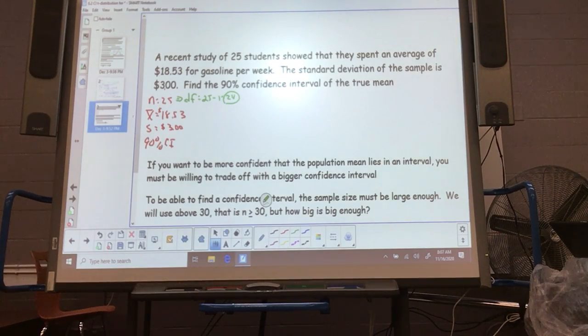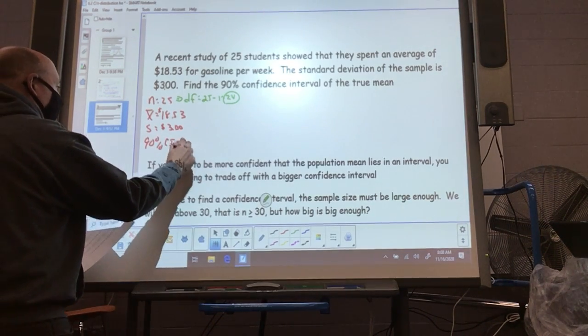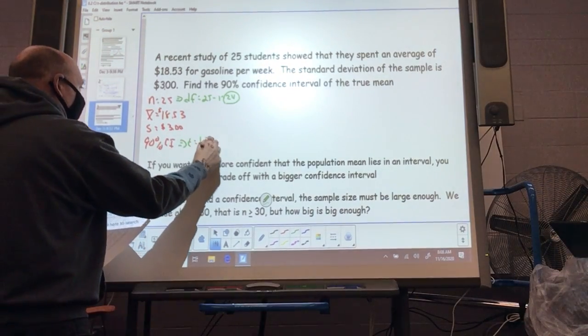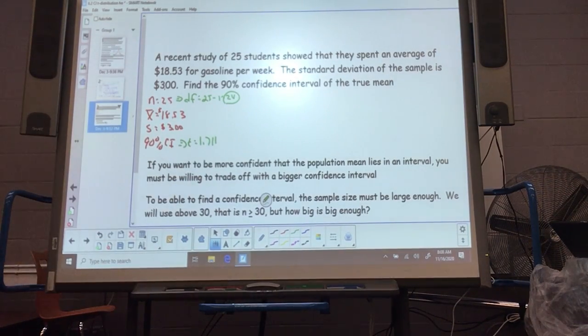All right, what do you get? 90% column down to a degree of freedom of 24. 1.711. Anybody not be able to find that?